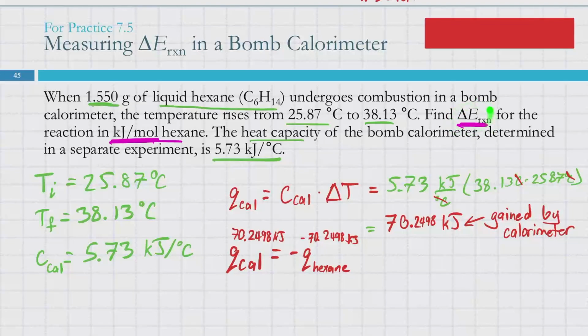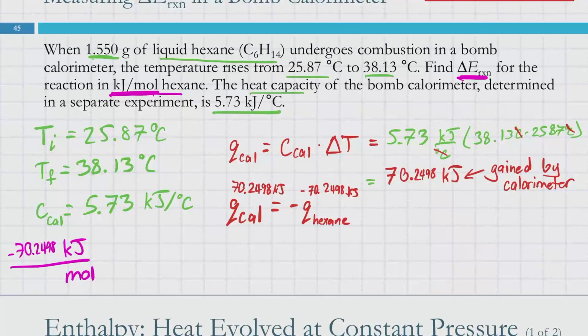So to find the delta E of the reaction in kilojoules per mole hexane, we have kilojoules, and we need to divide that by moles of hexane. So we're going to take our 1.550 grams of C6H14 and divide that by the molar mass.